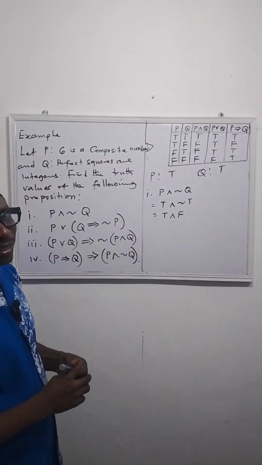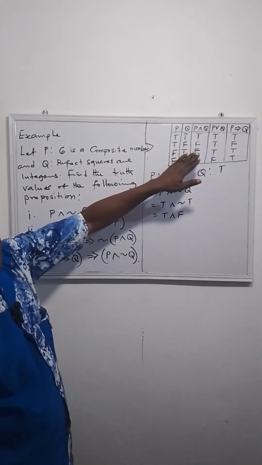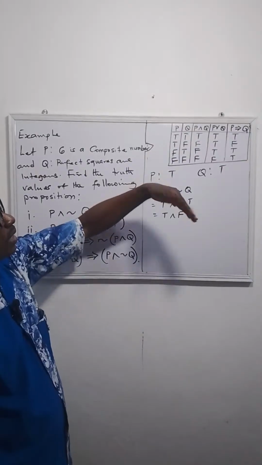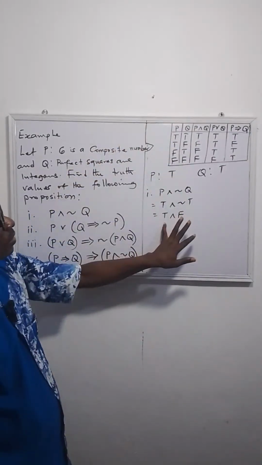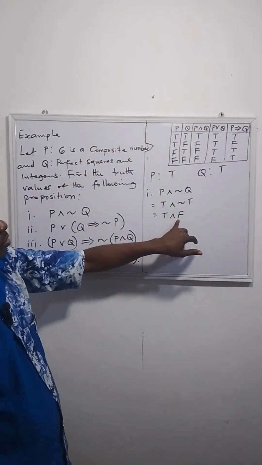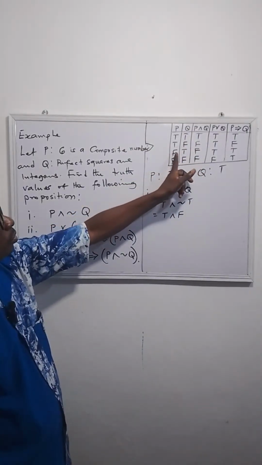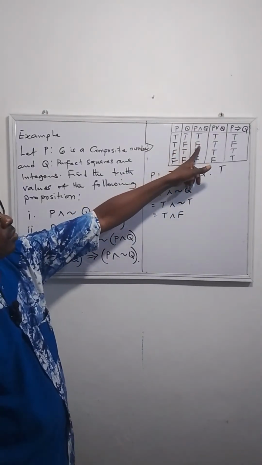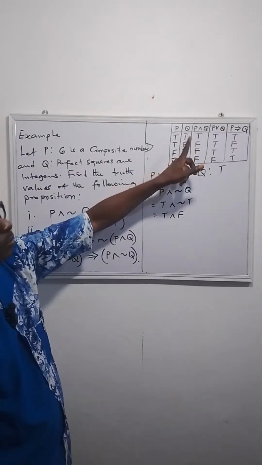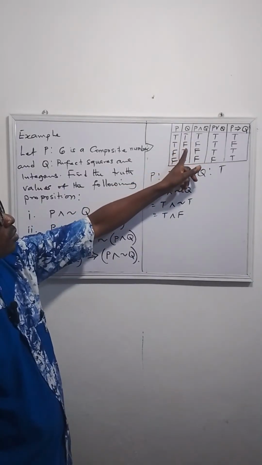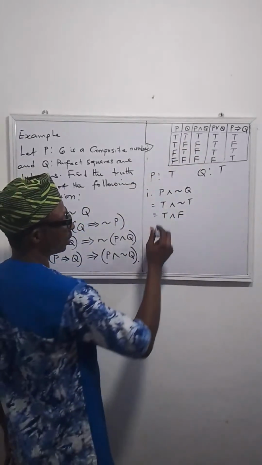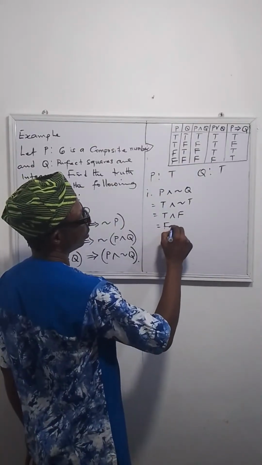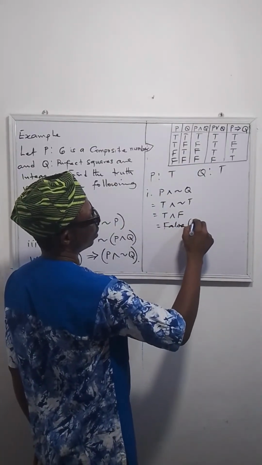What is going to be the answer? You can check that on your table, but I expect you to master it. Your answer is going to be false. You can see true and false is false. This is the AND table. So that makes this answer false. So false is the correct answer.